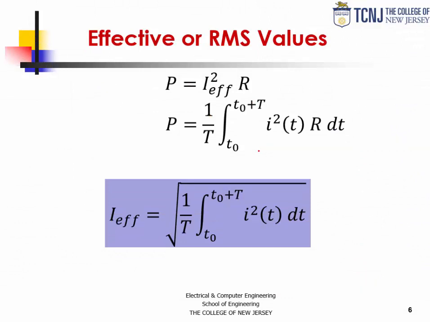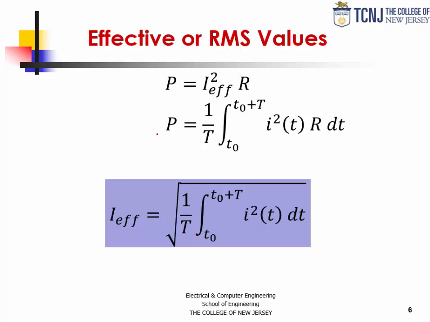Now let's define and calculate the effective or RMS values involved in AC power. We can say that the power is equal to the effective current squared times some resistance, where the effective current is equal to the square root of the integration over a period of the time varying signal of the current, that integral divided by the period.